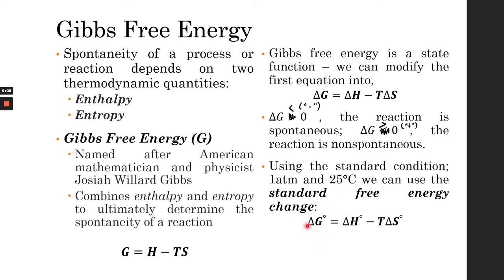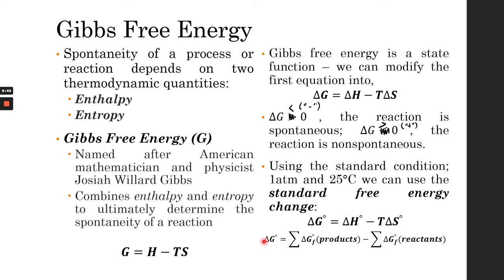We can also measure the standard free energy change by using the standard free energy change of formation. This delta G of formation is usually given. These are pre-measured delta G measurements of elements and molecules, usually given to you in a table. You just have to take them and use the equation to solve for delta G.